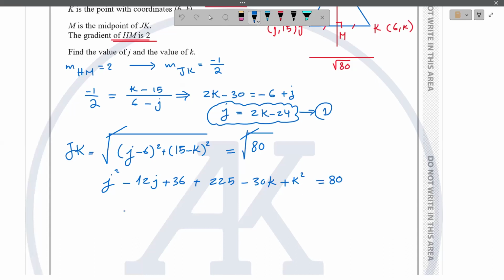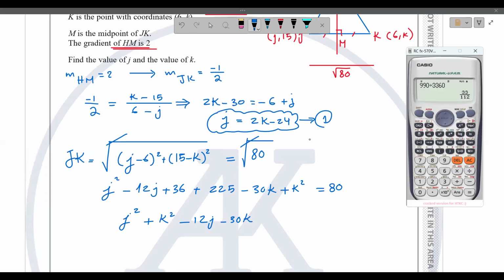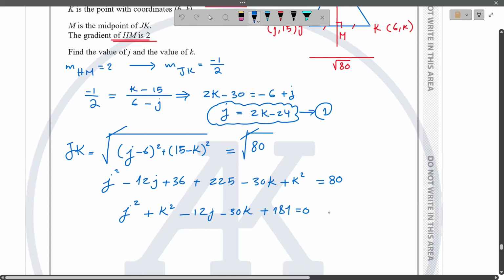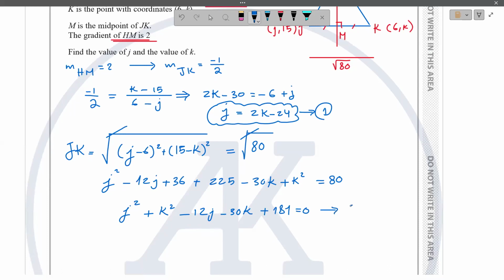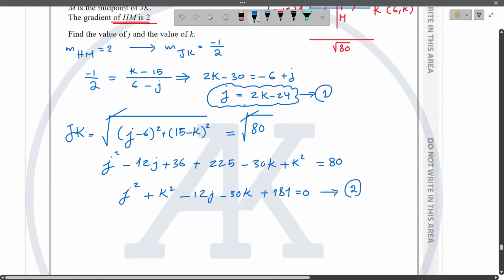Simplify the equation. j squared plus k squared minus 12j minus 30k, and we have 36 plus 225 minus 80 from the other side. It's 181 equals 0, and this will be our second equation.